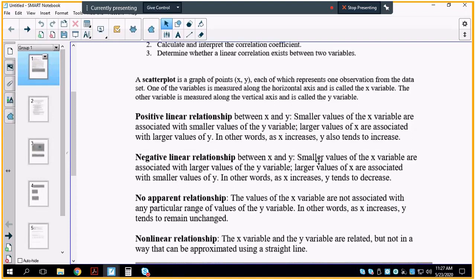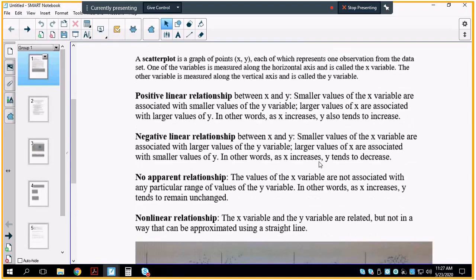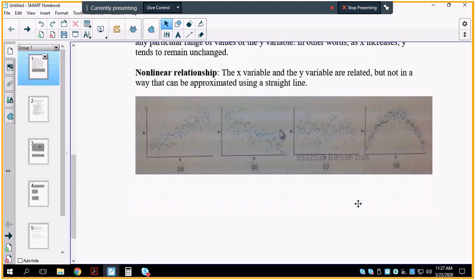So let's look at the following graph. We have four different situations. The first situation is a stream of points, and if you look at this stream of points, you will see that the stream is going up as we are going from left to right on the x-axis.